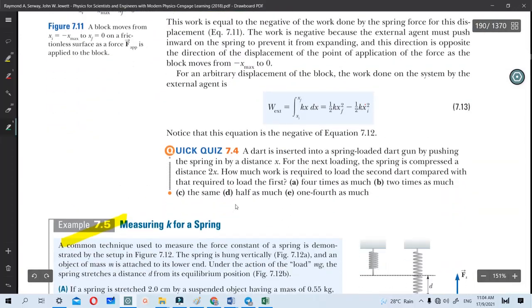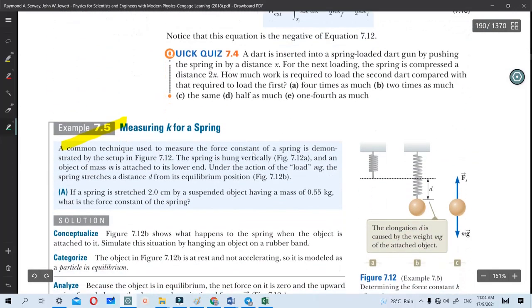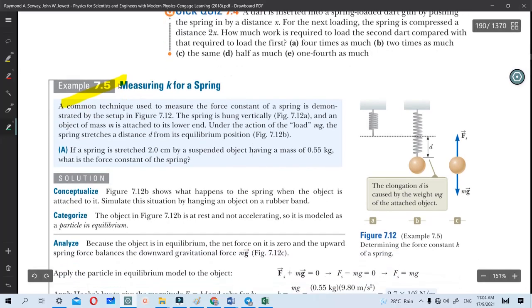Okay, let's keep this away, and then we are going to go back later. Now, example 7.5. A common technique used to measure the force constant of a spring is a demonstration set up as in the figure. There was this spring hung vertically, and then an object of mass m is attached to its lower end.